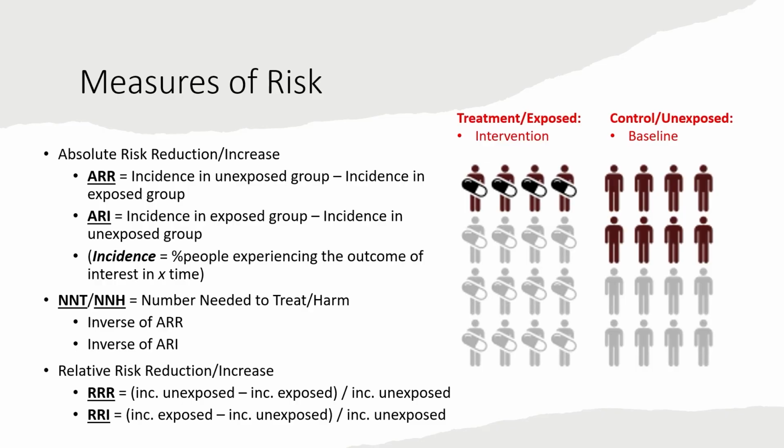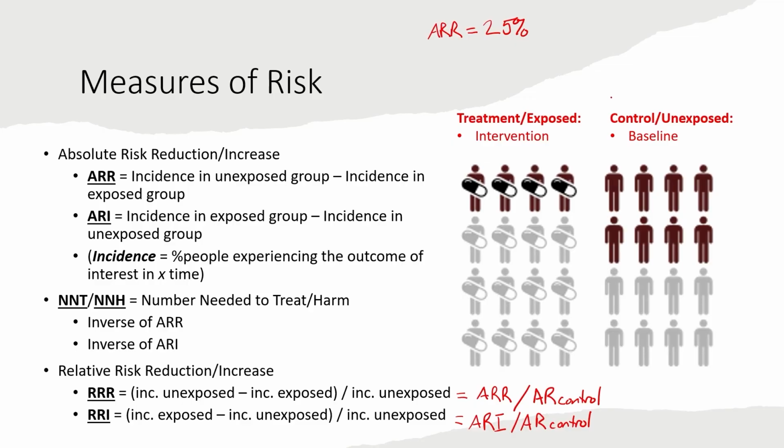To calculate RRR, you would take the absolute risk reduction and divide by the original absolute risk, which is the AR for the control or unexposed group. So we've already calculated that this medicine causes a 25% absolute risk reduction. And to figure out how big that is proportionally to the original risk, we simply divide it by the original AR.